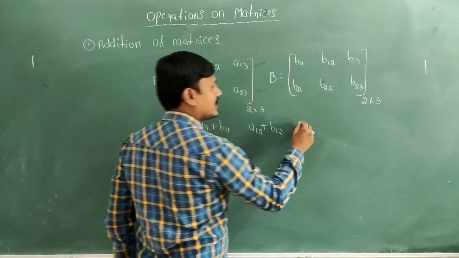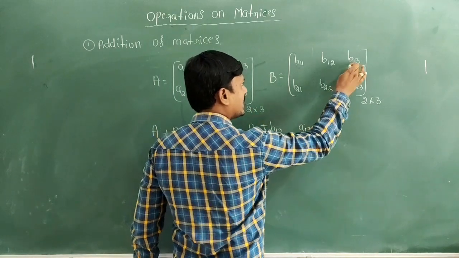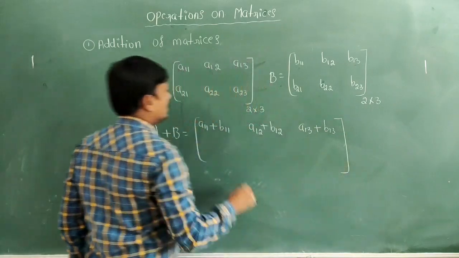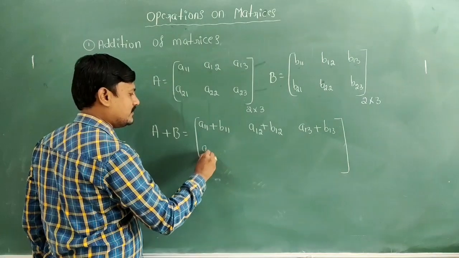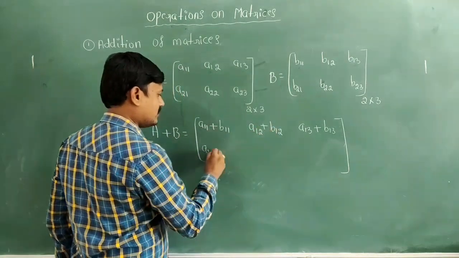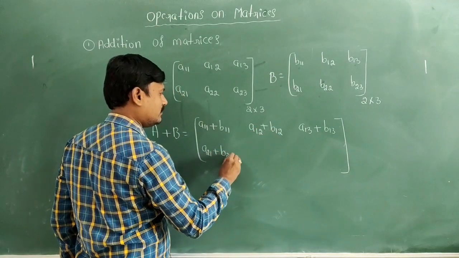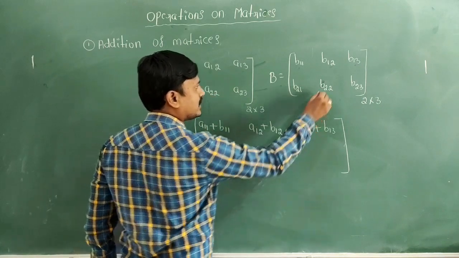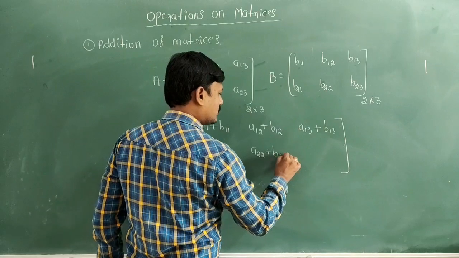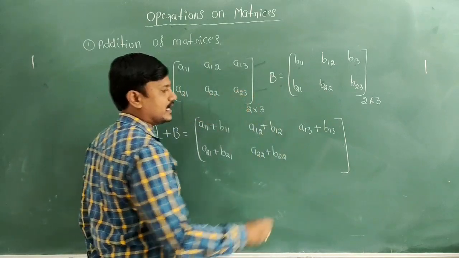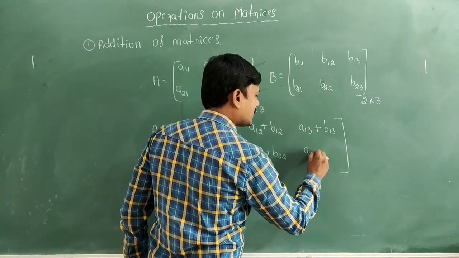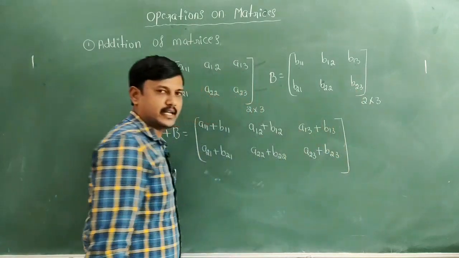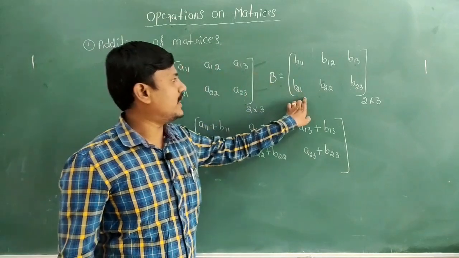Next, the third element, A13 plus B13. Next, A21 plus B21, A22 plus B22, and last, A23 plus B23.